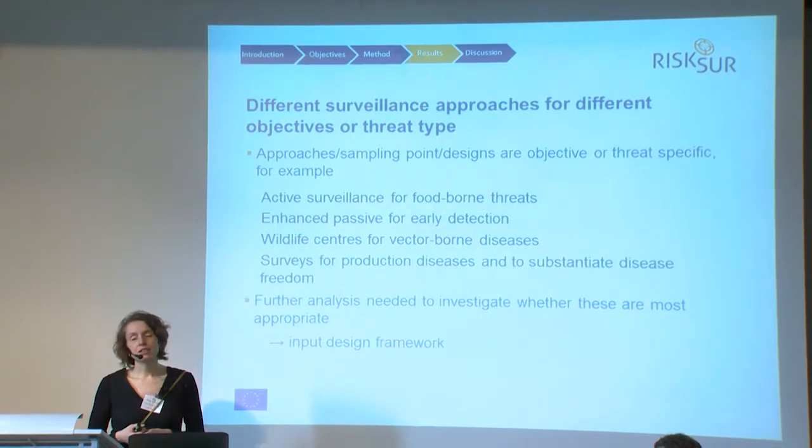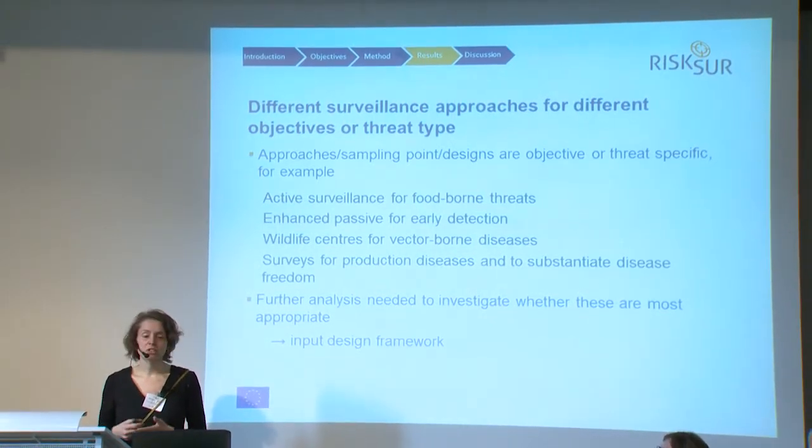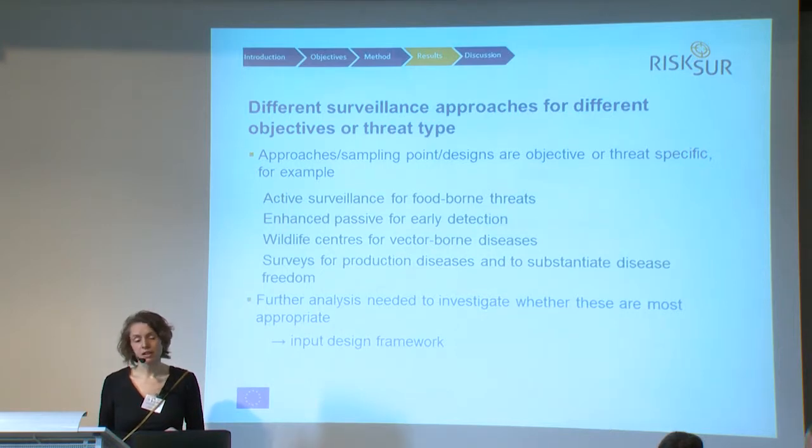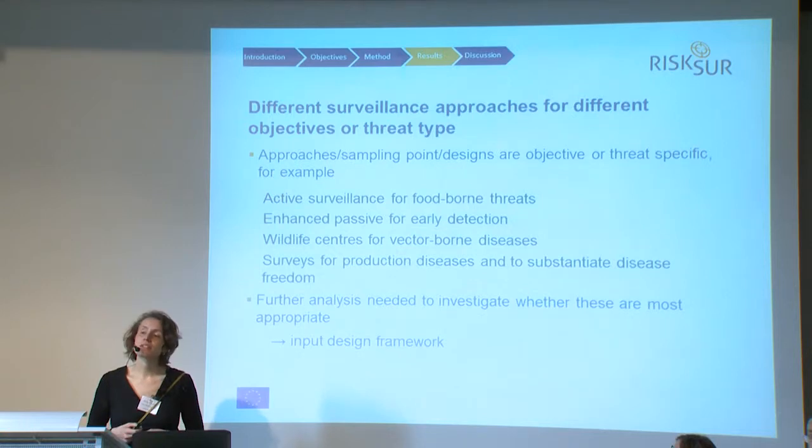Then we found that there are different surveillance approaches for different objectives or threat types. So for example, we saw that active surveillance is frequently used for foodborne threats, whereas we see enhanced passive surveillance more often used for early detection. Then wildlife centers, for example, were quite popular for vector-borne diseases, and surveys were often used for production diseases and to substantiate disease freedom.